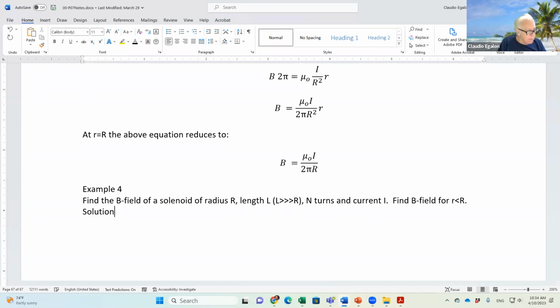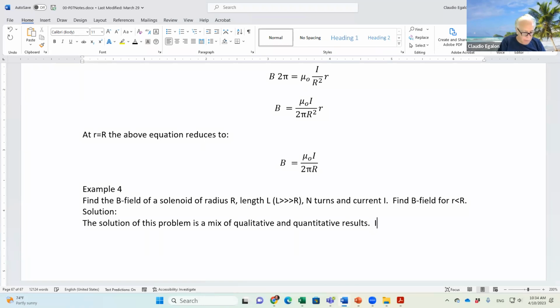Solution, right? The solution for this problem is a mix of qualitative and quantitative results. It's a long problem to solve, but we're going to do that.